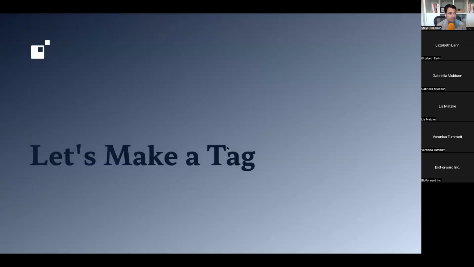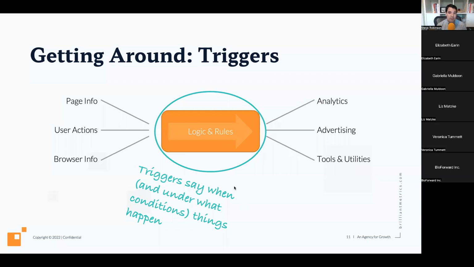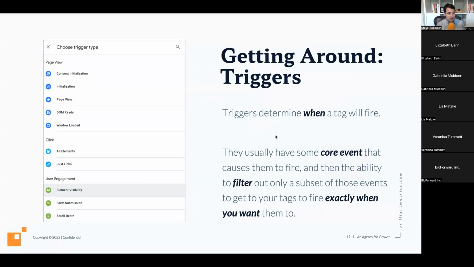So we made a tag. Let's talk more about these triggers. A trigger says when, and even more specifically than that, under which conditions we want to make things happen. More specifically, there are a set of core events, things that happen in a browser window when somebody is interacting with the website.